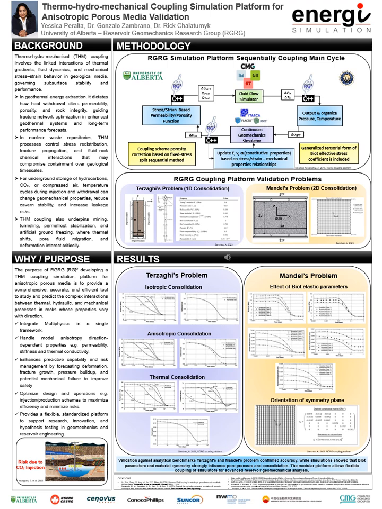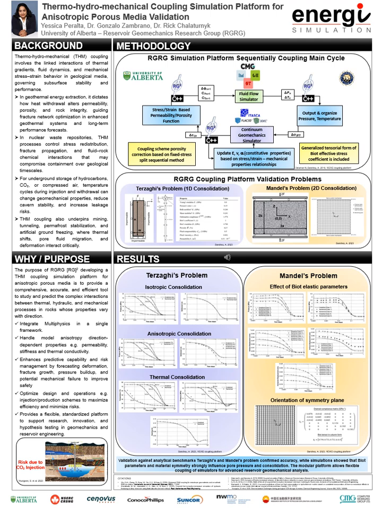Now let's move on to the RGRG coupling platform validation problems. Our first benchmark is Terzaghi, which is a one-dimensional consolidation problem. It's a classic test used to validate numerical coupling methods. The setup is simple.